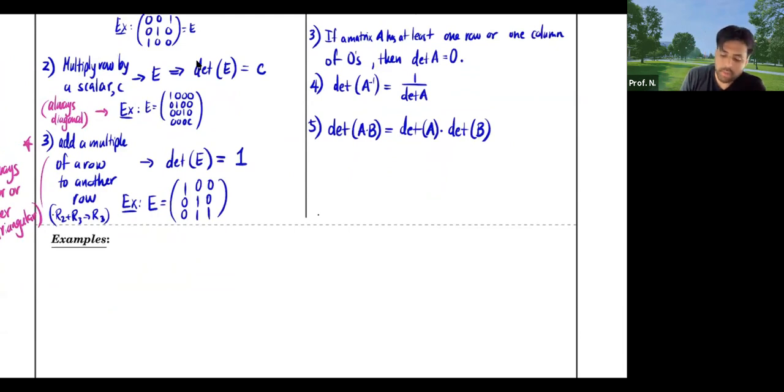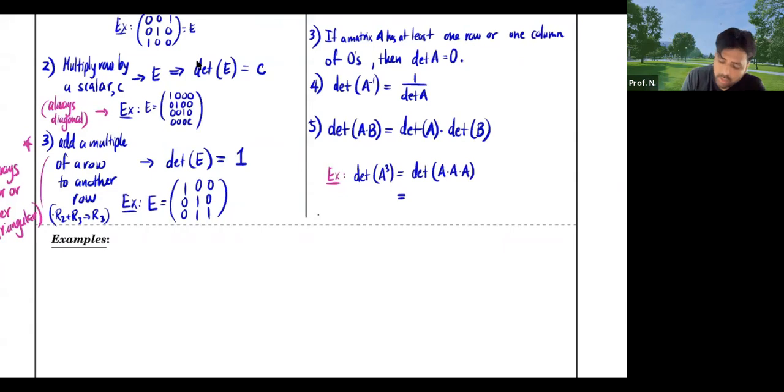Upon this property, for example, given your question, Tassif, if you want to find the determinant of A cubed, well, remember what A cubed is. It's the determinant of A times A times A. Now, under this property, I can find the determinant of a product of matrices as the product of the determinants of each of the matrices.